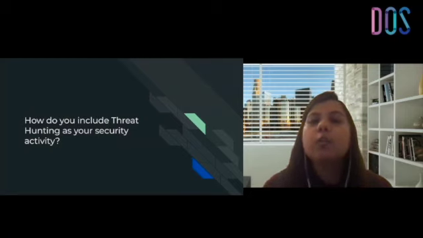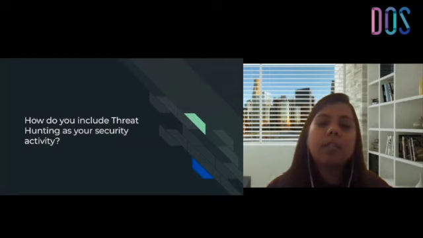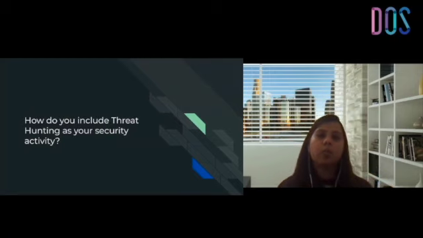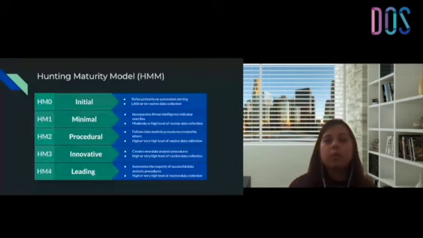At the very initial stage, what you need the most is the reactive part of threat hunting. You need to have tools like EDRs and SIEM tools so that you are aware of what is happening in your organization and can do effective incident response.